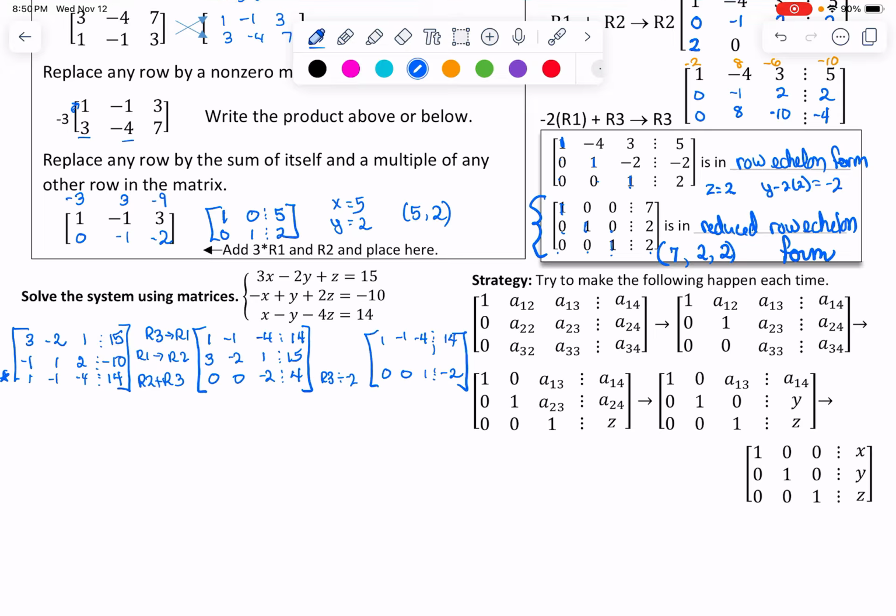So -3, +3, +12, and -42 is going to be added to, this is -3 times row 1, added to row 2.